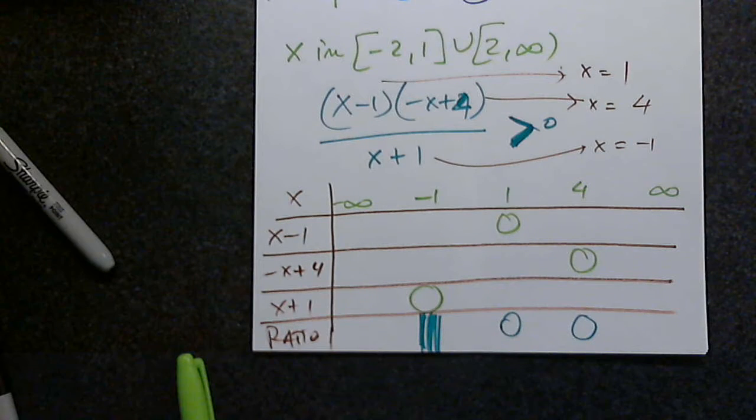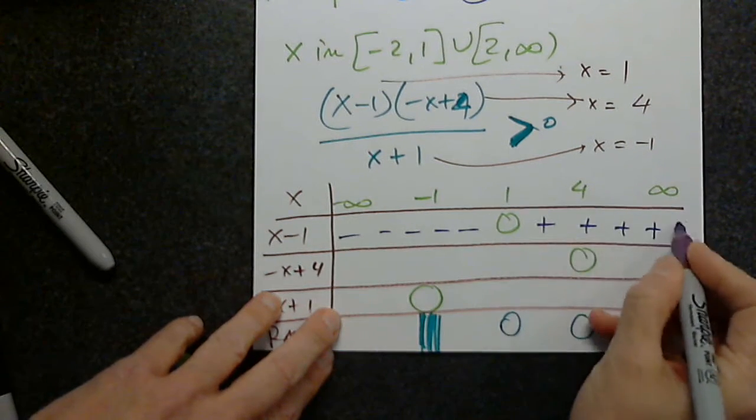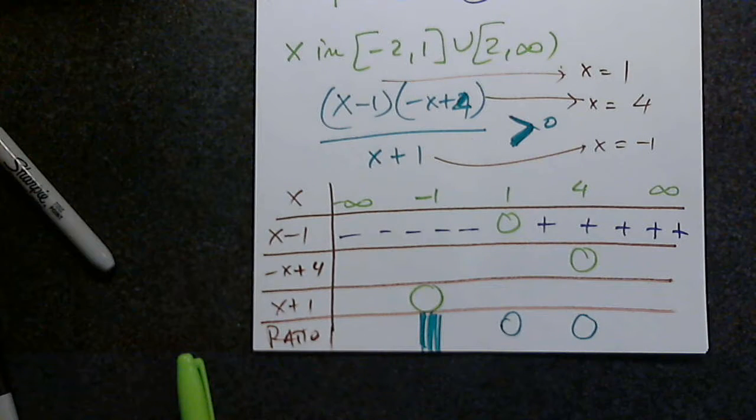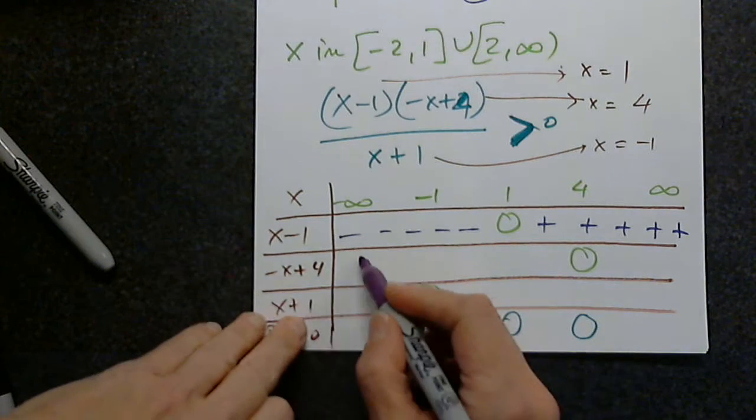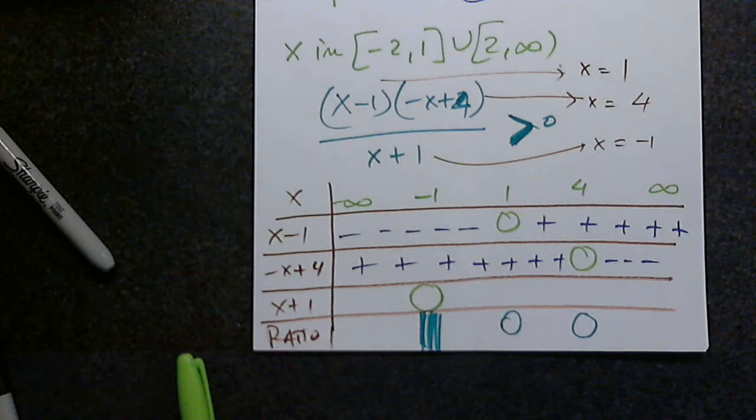Signs for x minus 1. Positive slope or negative slope? Good. So then what do I write? For negative x plus 4, positive slope or negative slope? Very good. It's a negative slope, so it comes from positive values to negative values. What about x plus 1?